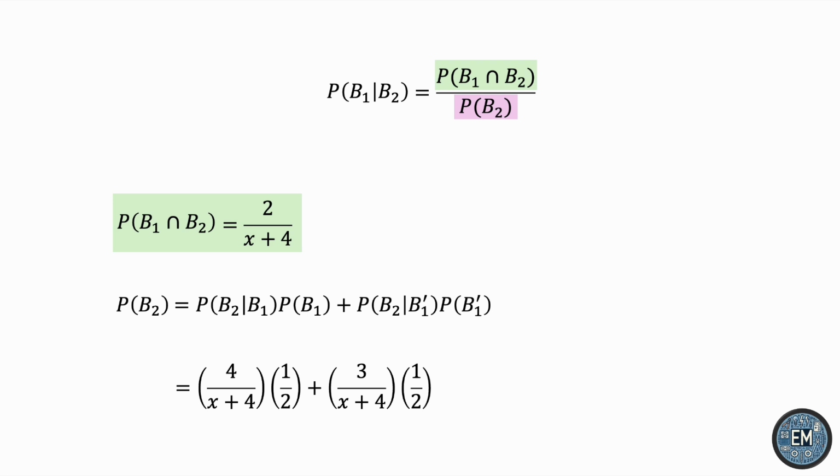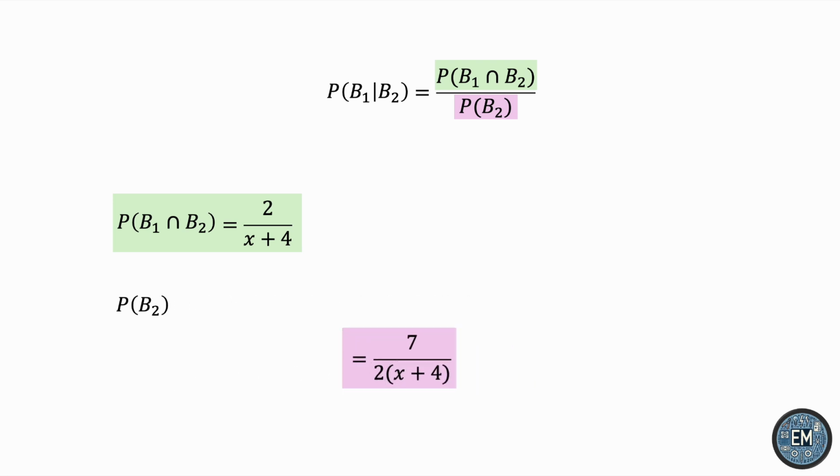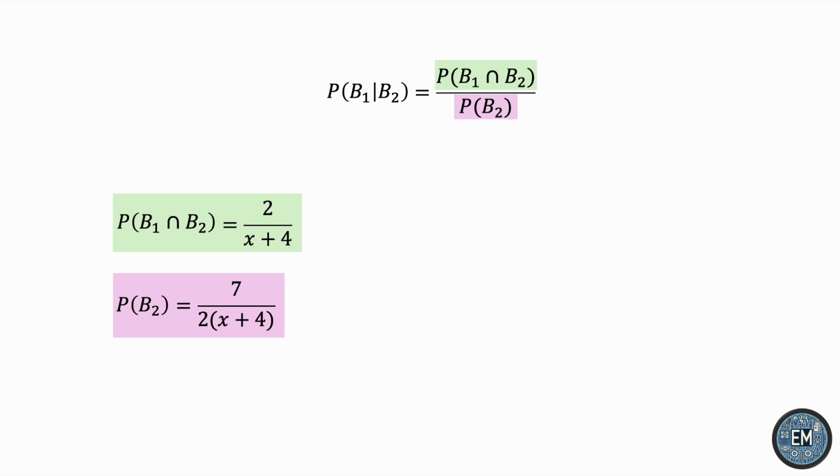So the total number of children is also X plus 4, but the numerator is 3 this time. The probability of B1 complement is the probability that the child born on day 1 was a girl, and that's also 50%. So working this out, we get 7 over 2 times X plus 4. So that's the denominator. And we're now ready to divide them to find the target probability.